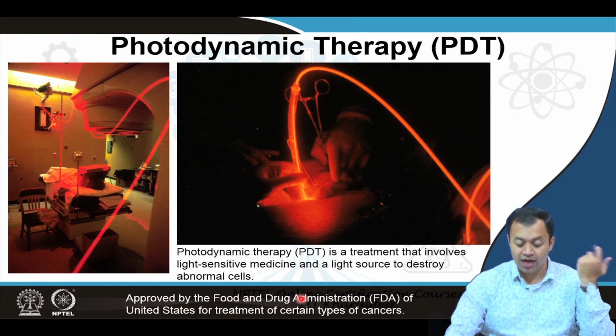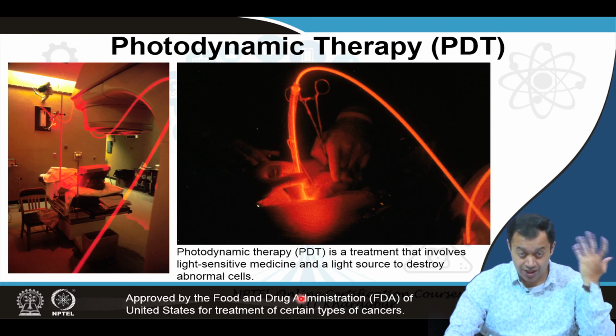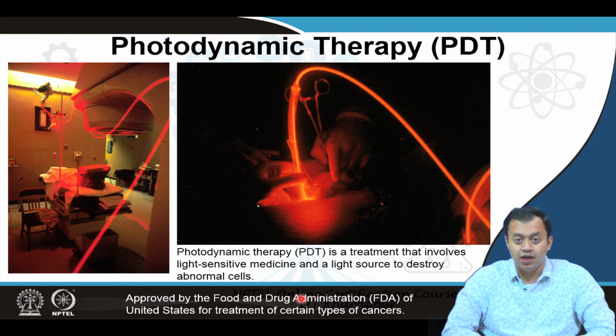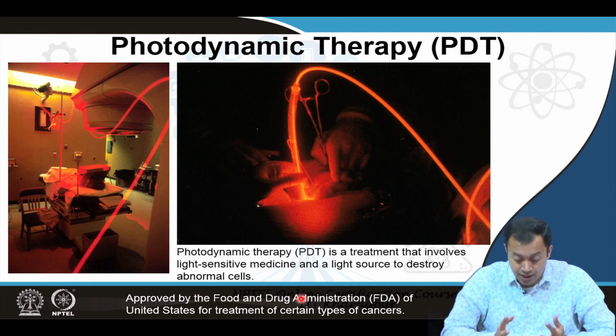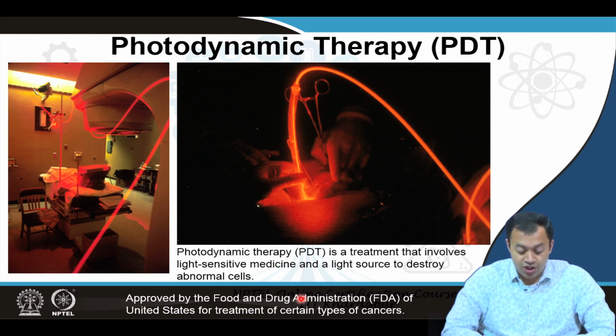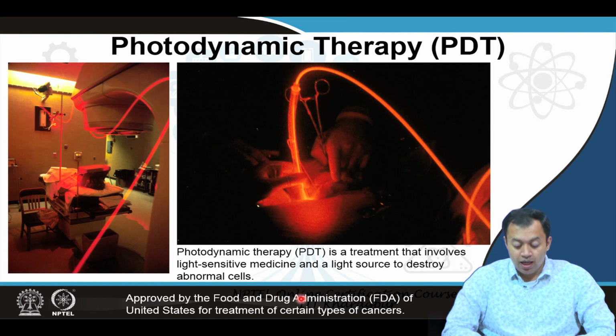This is one of the largest drug administration agencies, not a private company, it is a federal government agency of the United States, and it is actually a very big deal to get FDA approval.